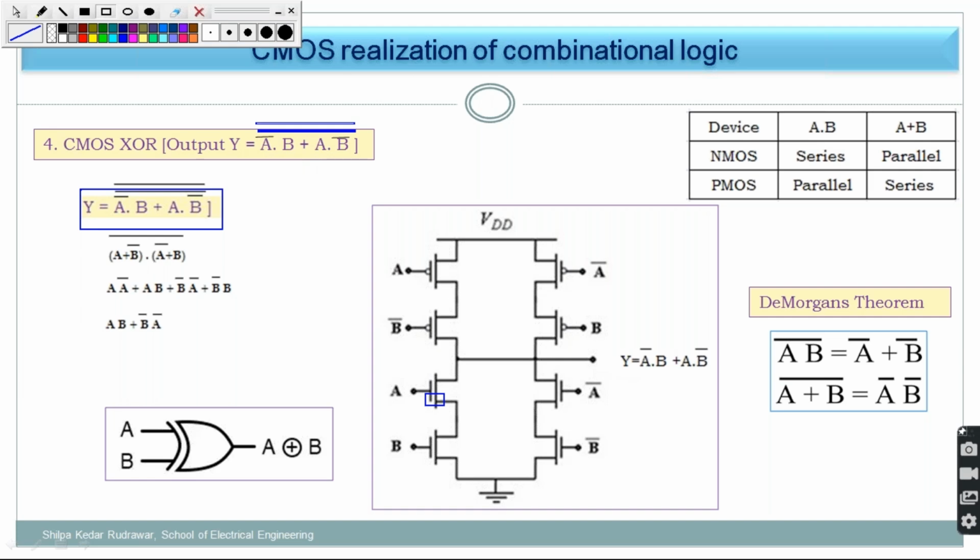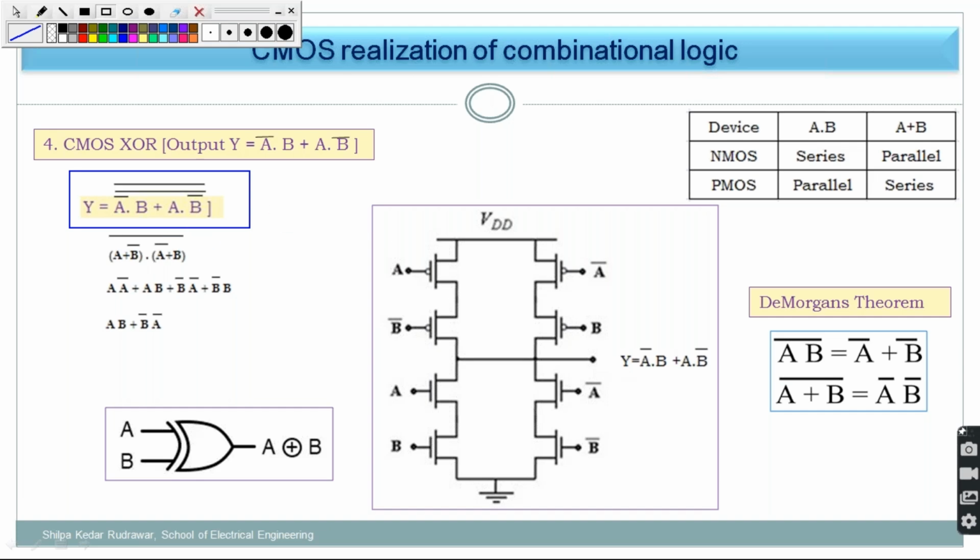It is not possible to draw only one line, because it will change your logic. Whenever you do complement two times, they cancel each other, meaning your original equation remains as it is. So I have written two lines over here; the complements cancel each other, so it is nothing but your original equation, just written in a different way.